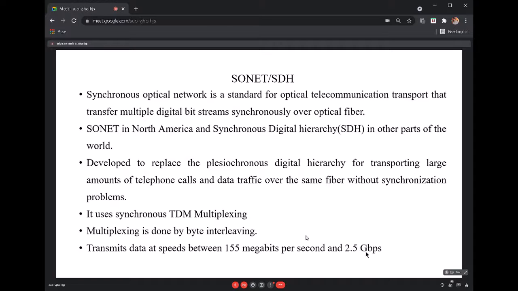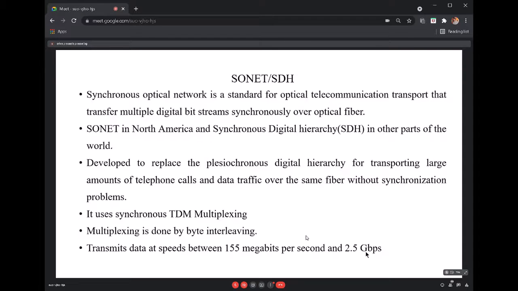This STS-1, synchronous transport signal 1, has 90 columns and 9 rows, where 90 means 90 bytes, and there will be 9 rows per frame. Since it is byte interleaving, 8 bits.